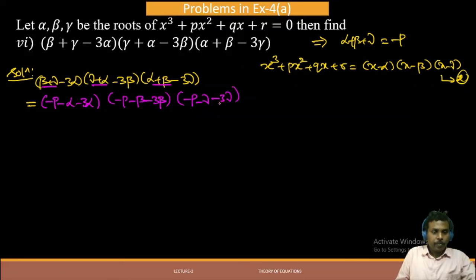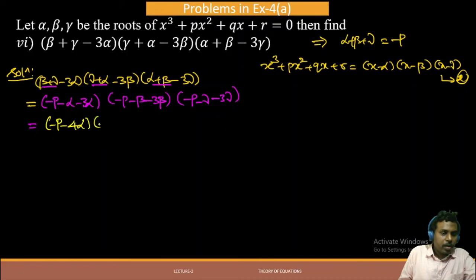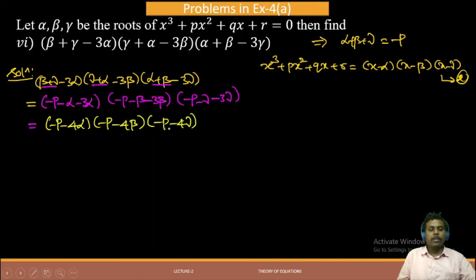Okay, now if I simplify this, then this becomes what? Minus p minus 4 alpha, and this is minus p minus 4 beta into minus p minus 4 gamma. Now, in order to apply equation 2, it is not exactly of this form.